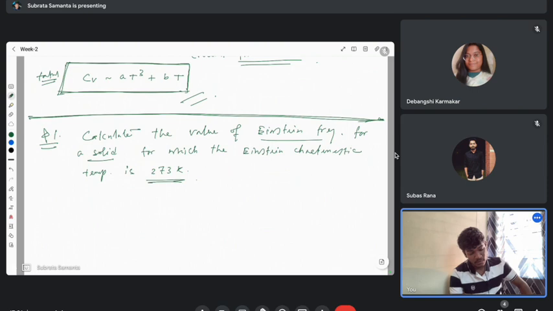We calculate the Einstein frequency, and the given quantity is the Einstein temperature.